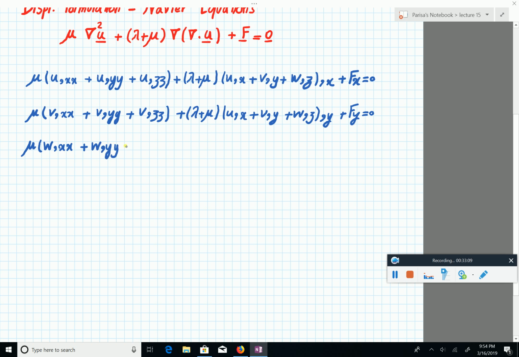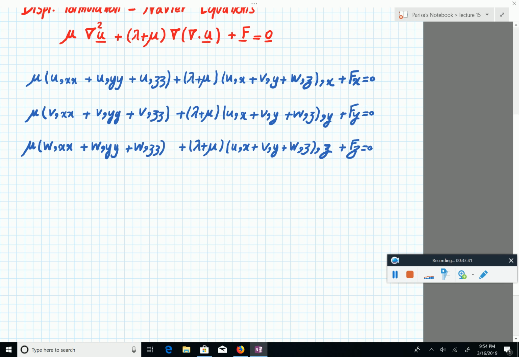So w comma xx plus w comma yy plus w comma zz, plus lambda plus mu, again u comma x plus v comma y plus w comma z, and now partial with respect to z, plus fz equal to 0.